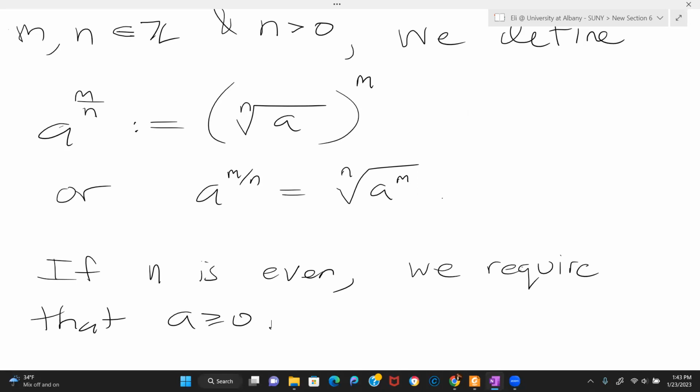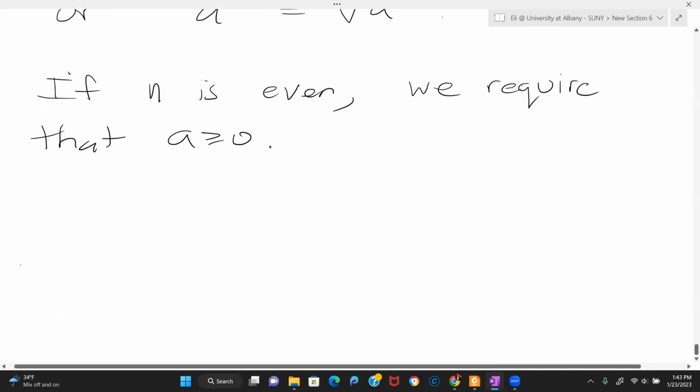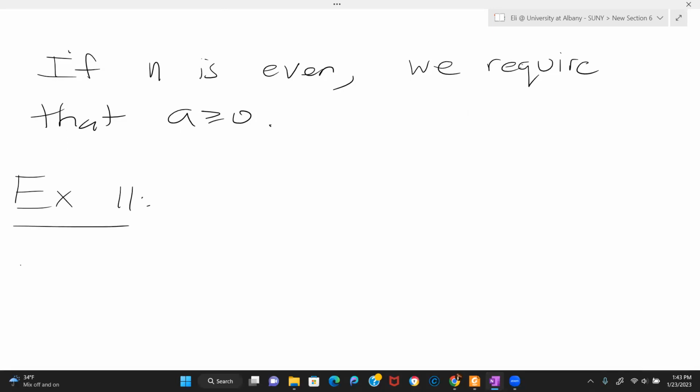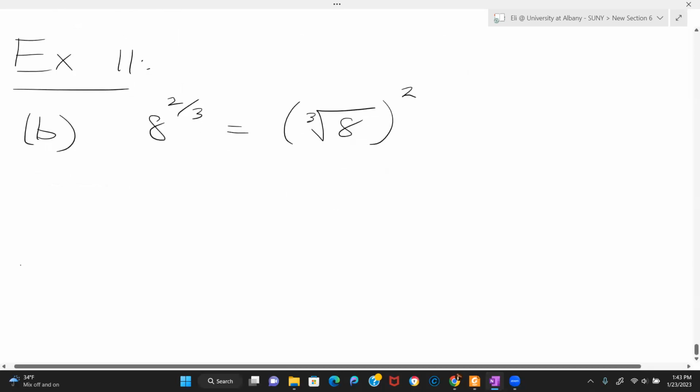All right, so let's just look at a couple examples. This is example 11, and we'll just do part B. So we want to compute 8 to the 2/3. By definition, you take the cube root of 8 and then you square the whole result.